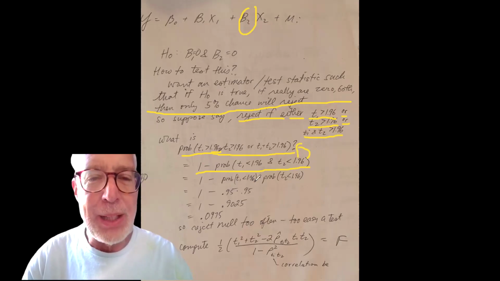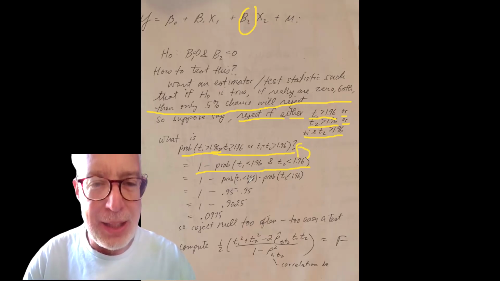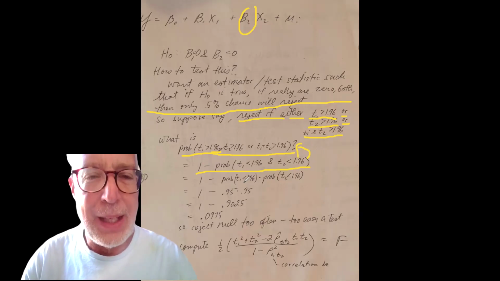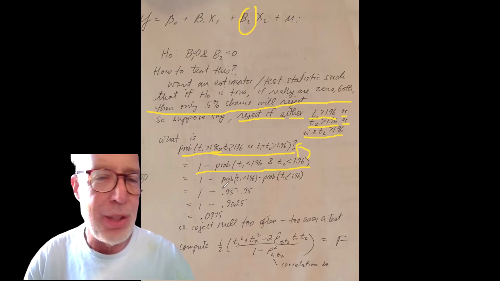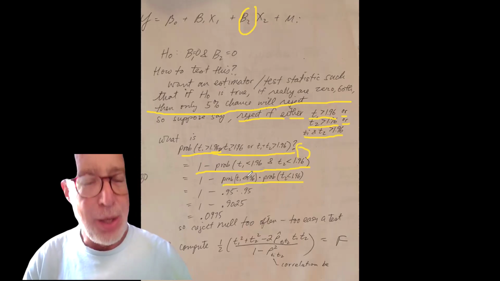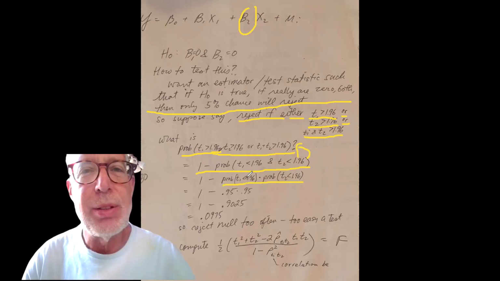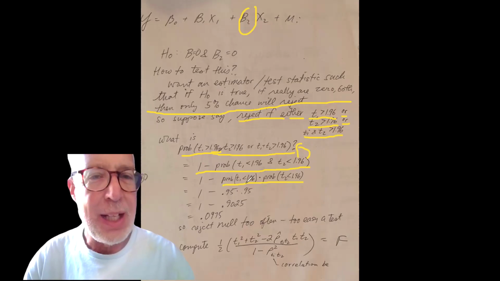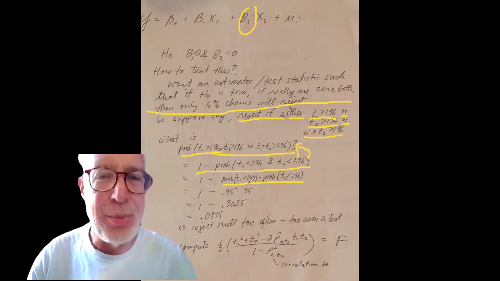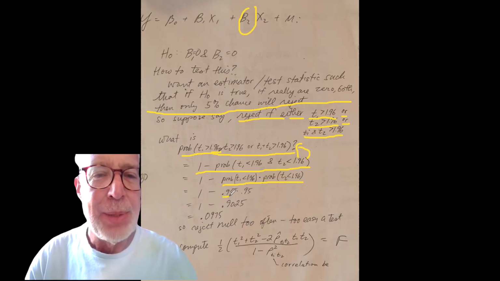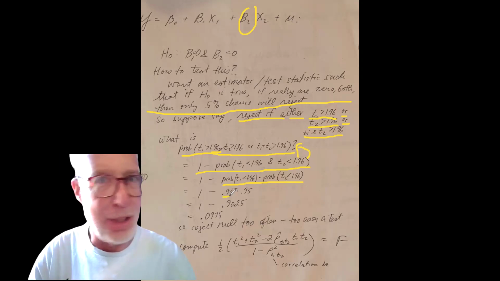But what is the probability that T1 is less than 1.96 and T2 is less than 1.96? If we assume these T statistics are independent of each other, that's just the 2 probabilities multiplied by each other. And we know that the single coefficient T statistic is calculated such that the probability of T1 being less than 1.96, in absolute value, is 0.95, because being greater than 1.96 is 0.05.